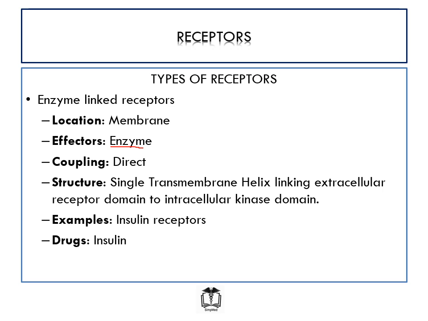So the structure of the enzyme linked receptors as explained here is the ligand domain being extracellularly located and the effector domain being intracellularly located, and the effector domain is typically a kinase, which is an example of an enzyme that is involved in phosphorylation. Examples of receptors that are classified as enzyme linked receptors are insulin receptors or growth factor receptors, and a drug that would work on this receptor will be insulin.